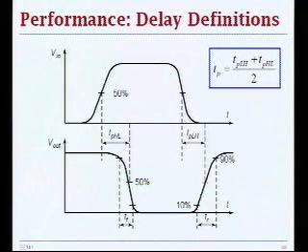To provide delay definitions, we look at these waveforms. Let's assume that we have an inverting gate, because we said we'll try to define everything on an inverter, to really understand this example. So let's assume that at the input we have a waveform that goes from 0 to 1 and then goes back to 0. Then the output, as a result of this input waveform, will provide the inverting function with some delay. This delay is associated with traveling over that voltage transfer characteristic through that transition region and so on.